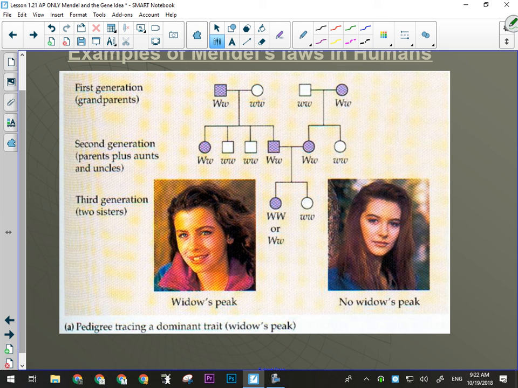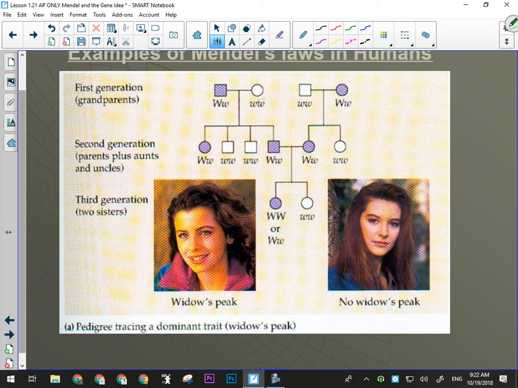This top layer here would be the grandparents. Squares are male, and circles are female. When they have kids, they have 4 kids: one girl with a widow's peak, one boy with a widow's peak, and 2 boys with straight hairlines.